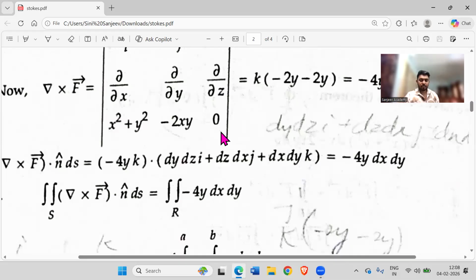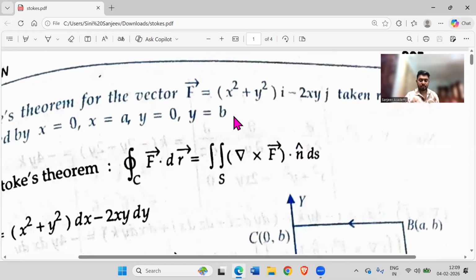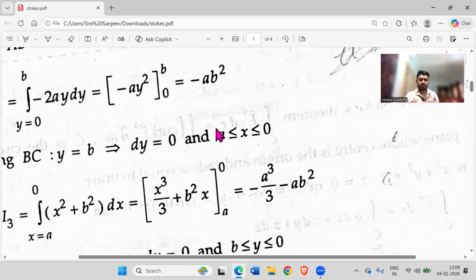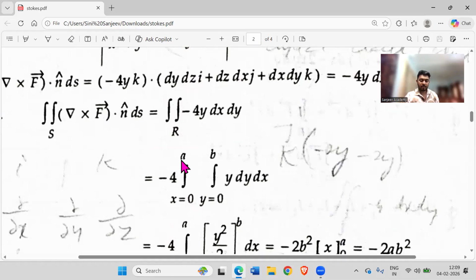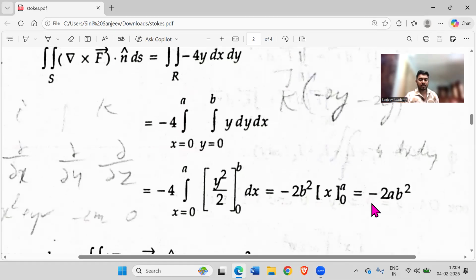If you want, you can pause it and see here 0 to b. y varies from 0 to b, x varies from 0 to a. Just put the limits and integrate normally. Once you integrate, you will get the answer minus 2b square.